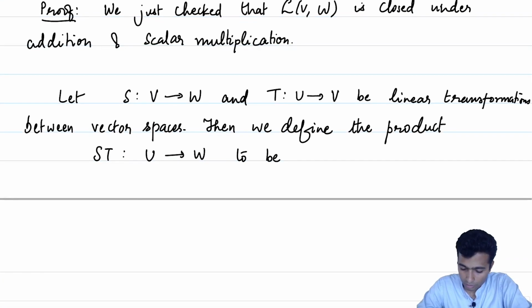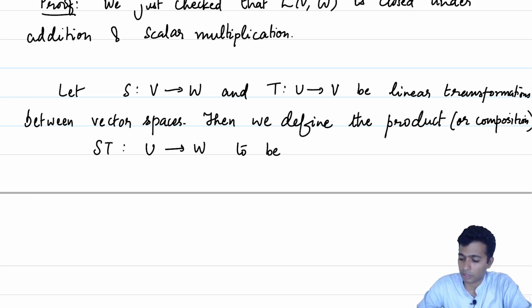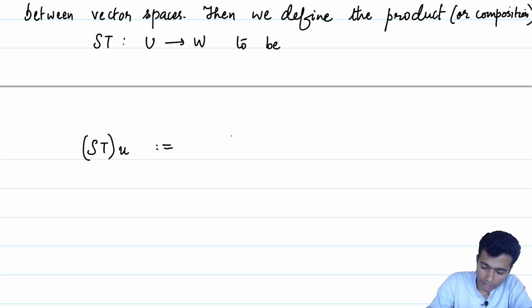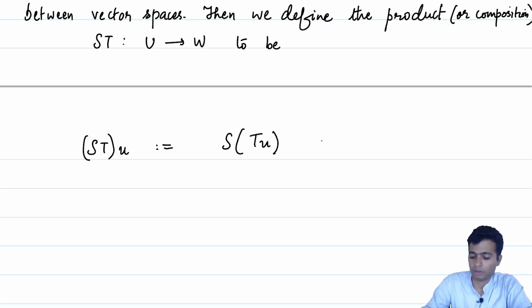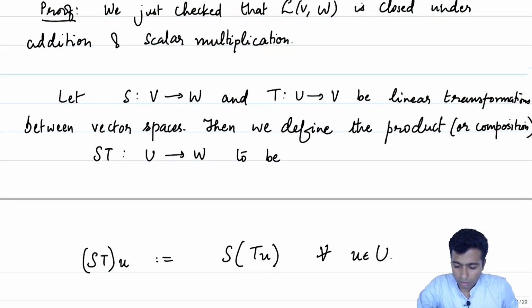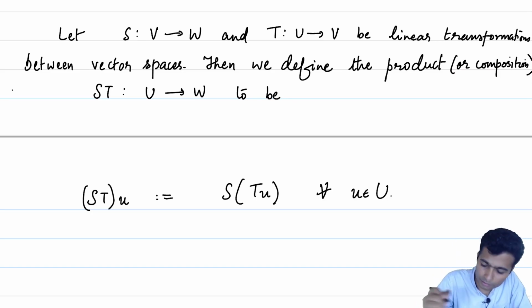We define the product or composition, the more familiar notion of composition from set theory. This is defined by ST of u equal to S of T u for all u in U. So this is the usual notion of composition of functions. In our case, we would also like to call it the product of linear transformations.